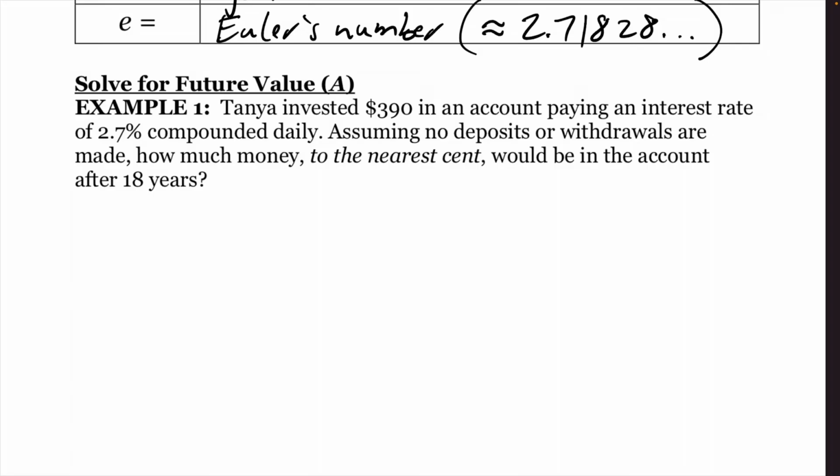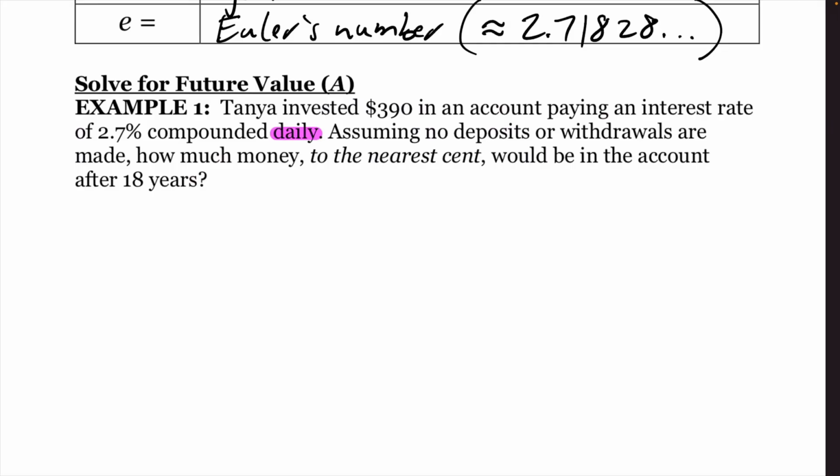Okay, so first question is, do I know how many times it's going to be compounded, or is it continuously? Do I know how many times? Yeah, they told me daily, right? Didn't we say daily was 365? So because it's daily, we're going to use the first formula.